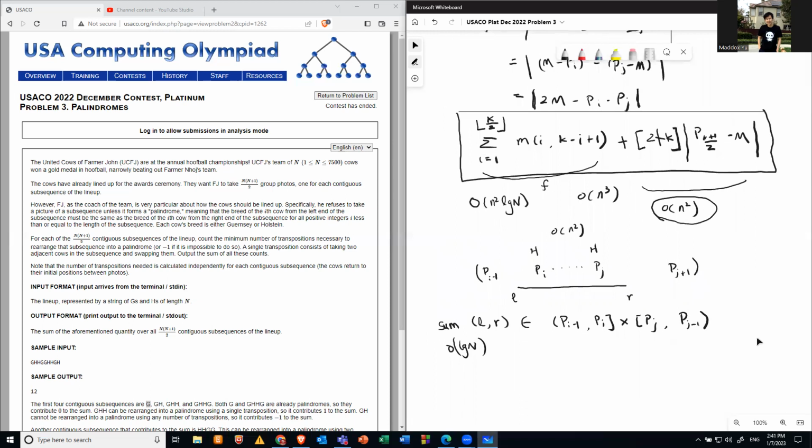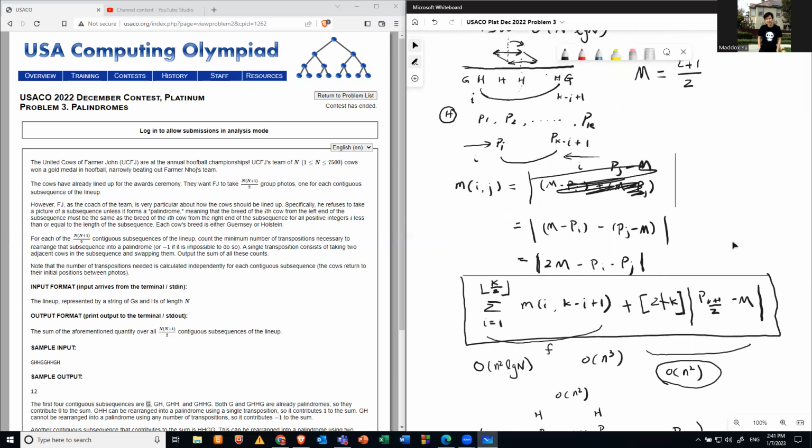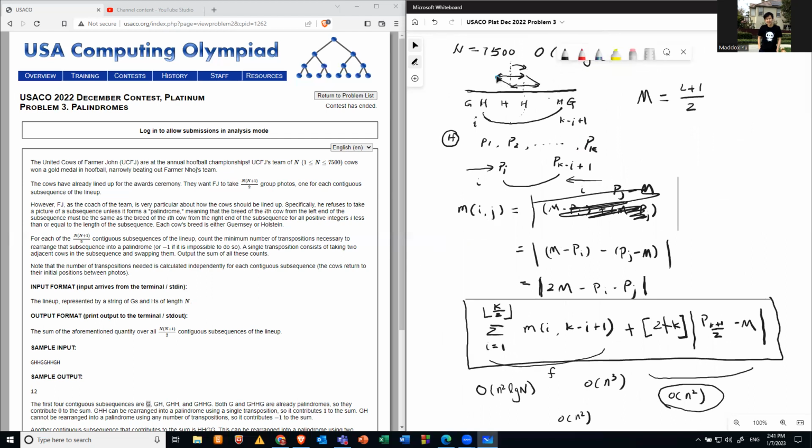So let me write it down here. M of ij is the absolute value of 2m minus P of i plus P of j, absolute value, right? So remember we said we need to move the center from here to here, right?